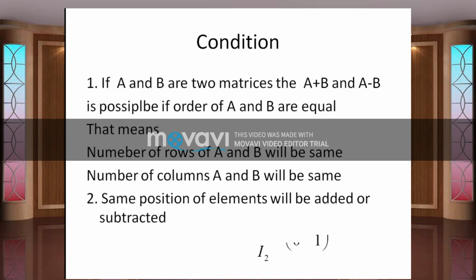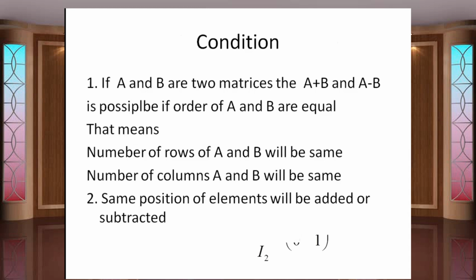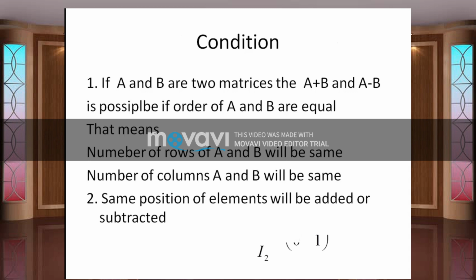Condition of addition and subtraction: the first condition is that if A and B are two matrices, then A plus B or A minus B will be possible if the order of A and B are equal. Order must be equal.